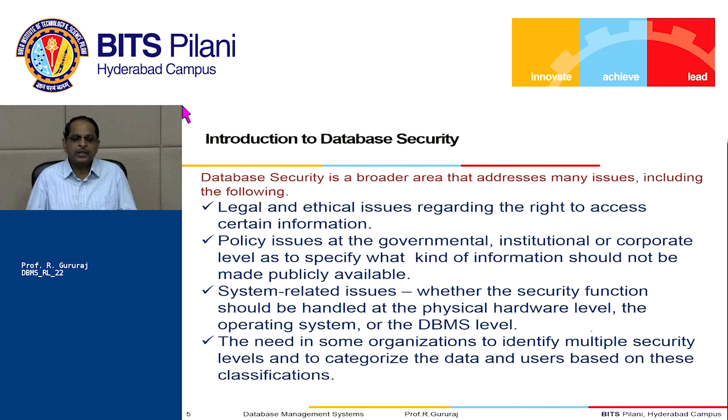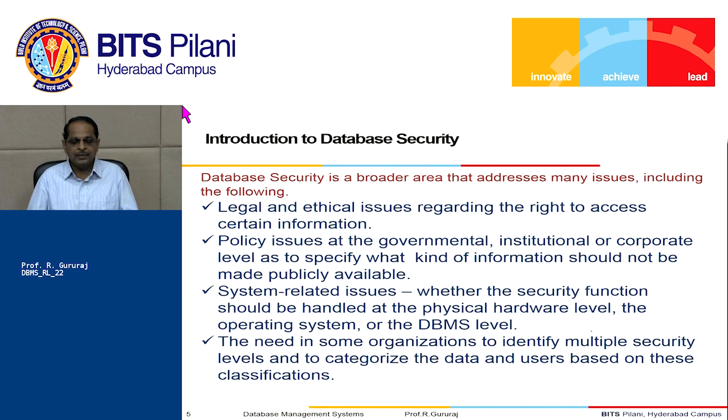Now let us look at more details about database security. Database security is a broader area that addresses many issues, including the following: legal and ethical issues regarding the right to access certain information; policy issues at the governmental, institutional, or corporate level as to what kind of information should not be made publicly available; and system related issues, whether the security function should be handled at the physical hardware level, the operating system level, or the database management system level.